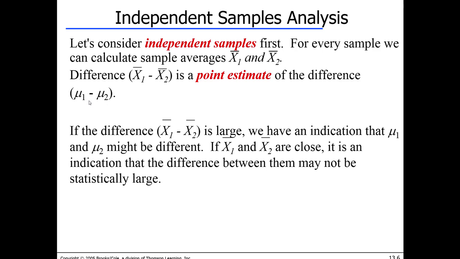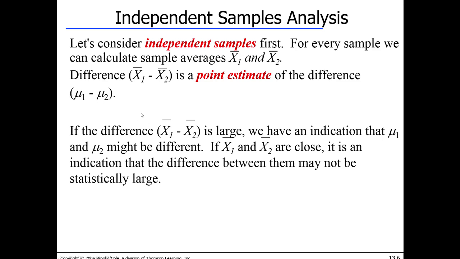But since we don't have any of the population's data, we're going to have to settle for the sample averages, right? So our difference between x bar 1 and x bar 2 coming from the samples will be the best estimation, the best shot, at how we can estimate what the difference between population average 1 minus population average 2 really is, okay?